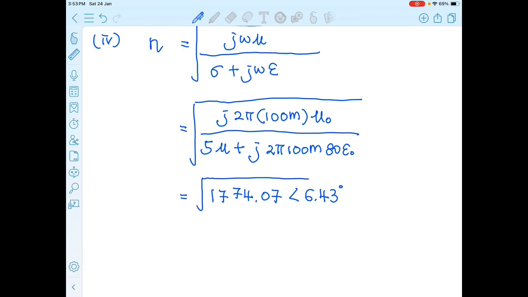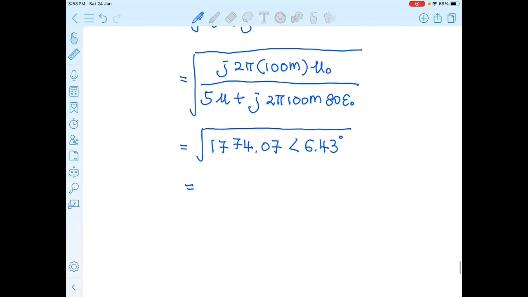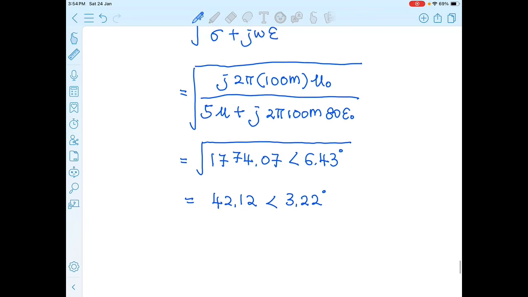You can also make your angle in radians. Now to simplify, you take the square root of 1774.07, so you have 42.12, and for the angle you divide by 2, so it is 3.22 degrees. So this is your impedance.